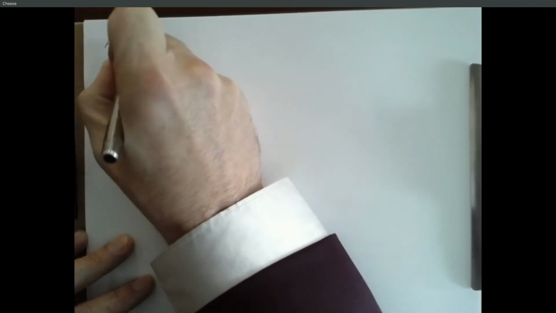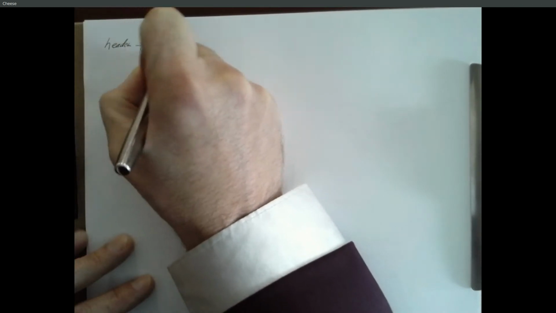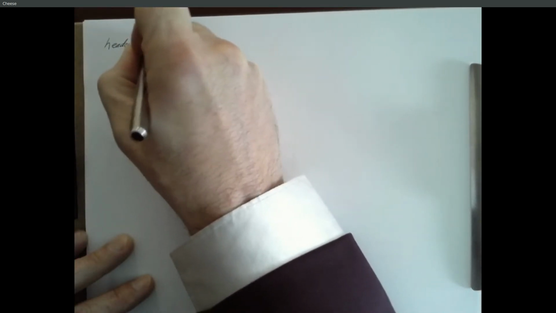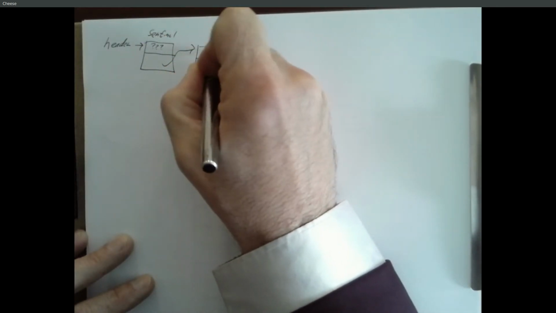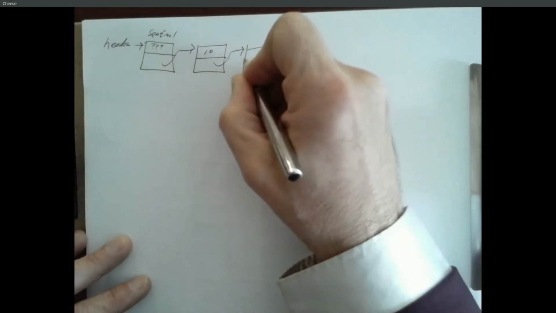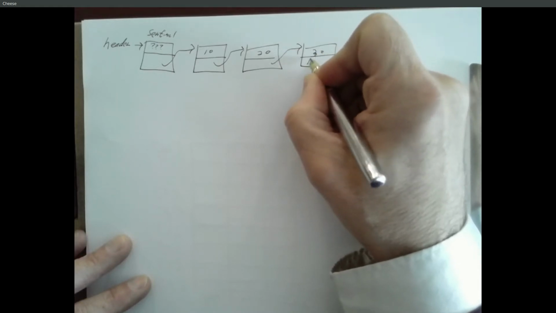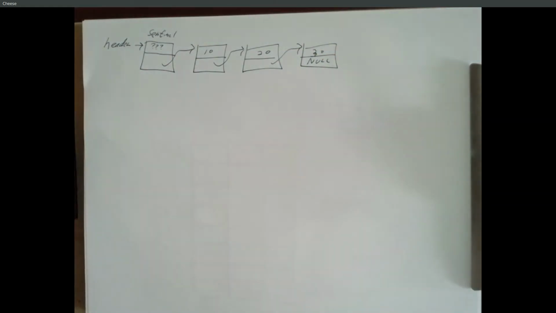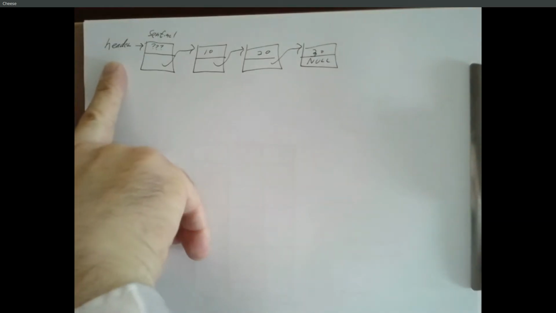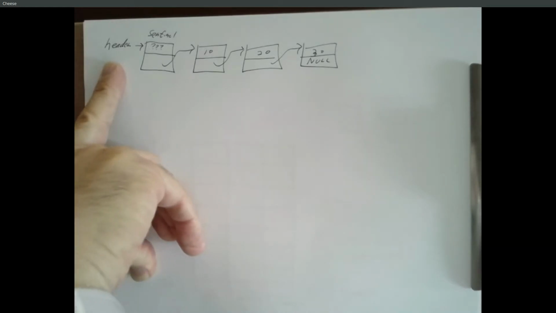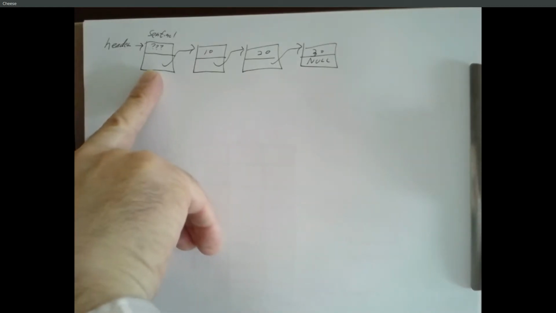So we have a header which refers to our sentinel, and our sentinel points to our first data node, points to our second, points to our third, and let's say this is the end of the list. If we're implementing this with an array of struct nodes, header is just an integer and it's equal to 0, and it never changes. And it tells us our sentinel is stored at index 0 in our array.